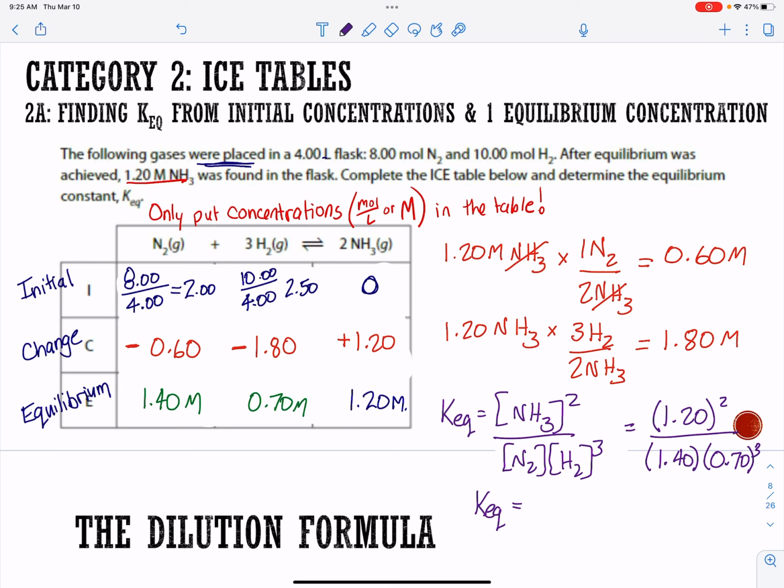And I got my KEQ value equal to 3.00. We'll do the correct number of sig figs there, circle our final answer, and we're done with that problem.